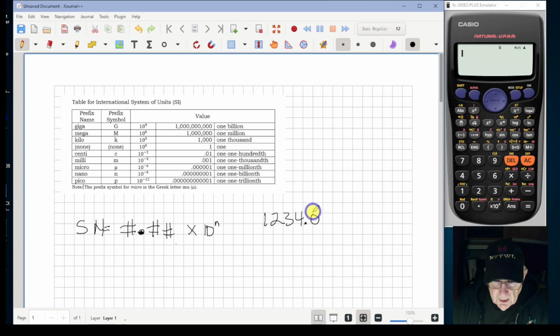It's easier if you put that decimal point there, then just count back toward the left. 1, 2, 3. To make it into scientific notation, that would be 1.234 times 10 raised to, how many times did I move the decimal point? 1, 2, 3, to the third power. And notice up here that there's a correlation: 10 to the third means 1,000.